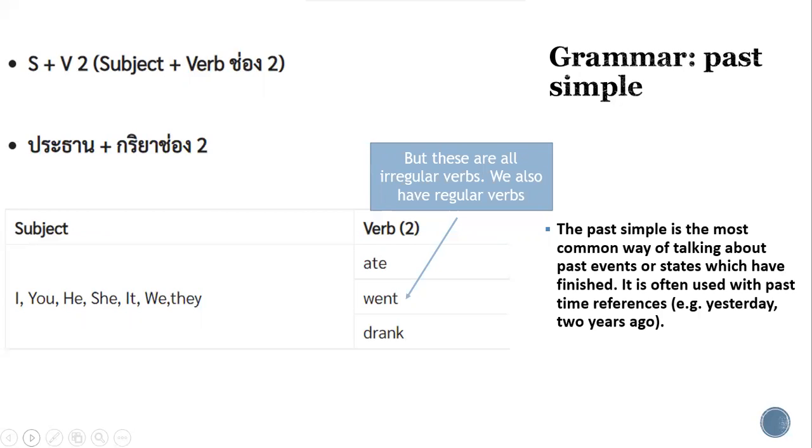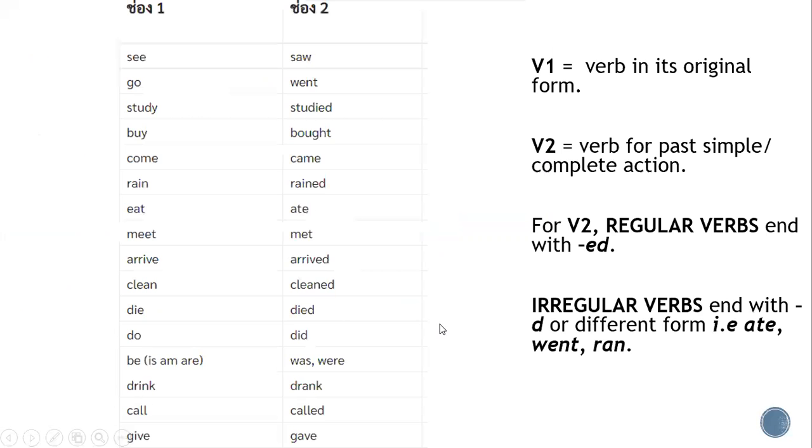Regular verbs end with ed and irregular verbs are based on the V1, on verb 1. So usually when it's irregular verbs, the verb changes from V1 completely before we turn it to V2. For example, eat becomes ate. Go becomes went. Drink becomes drank.